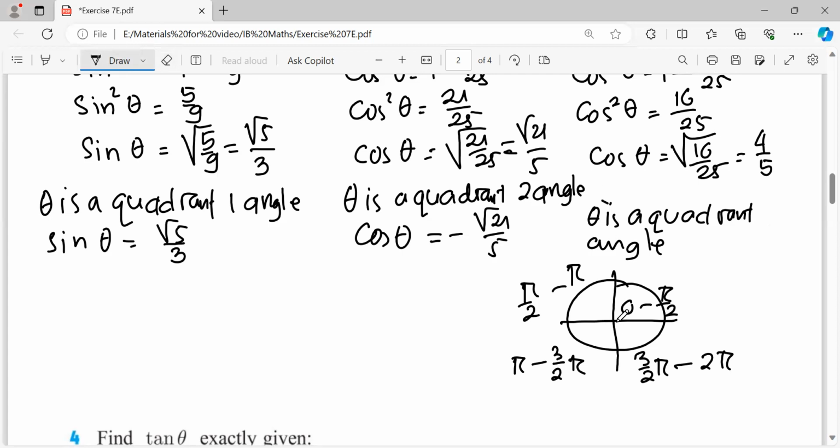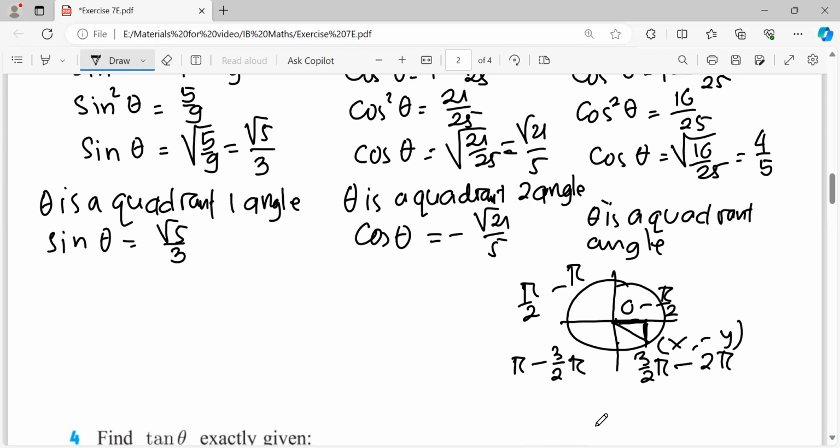Look that the coordinate point here is x, comma, negative y, because if you create a triangle here, the x-axis is positive and the y-axis is negative.